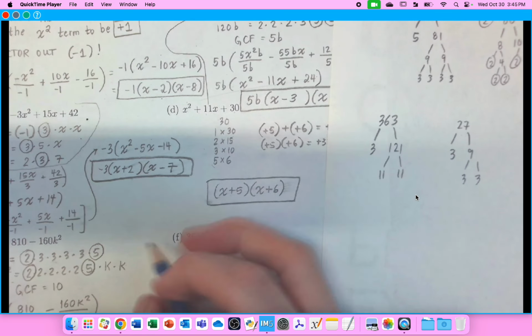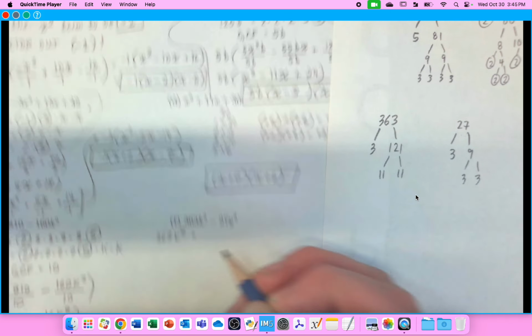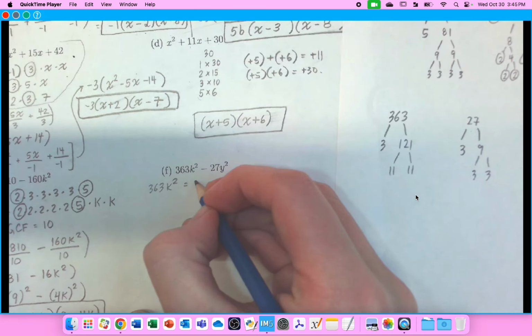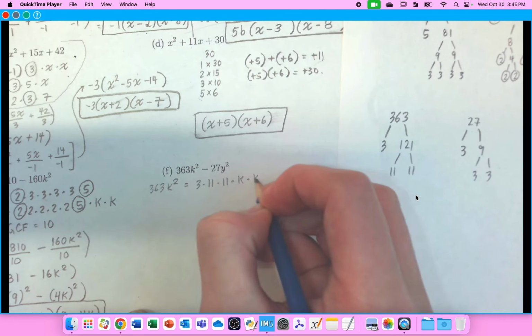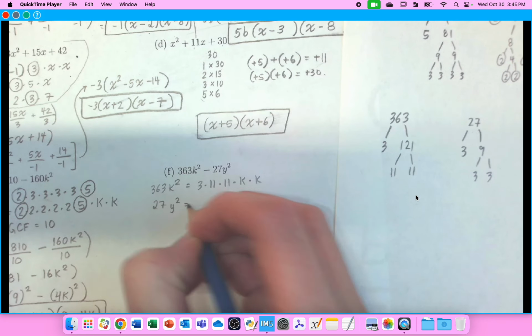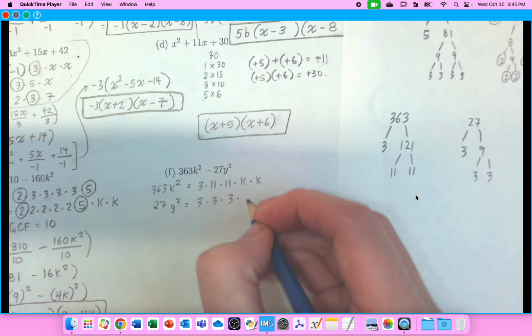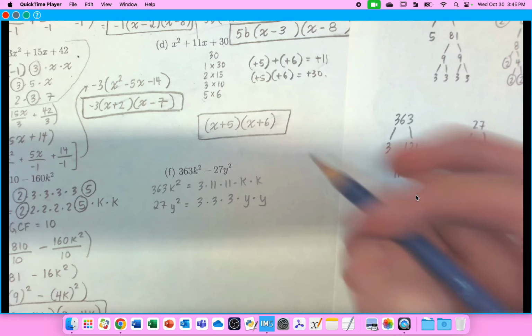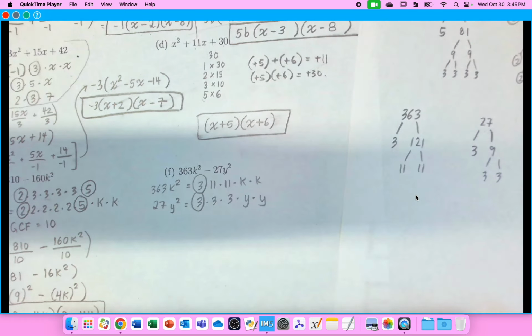Okay, so 363k squared equals 3 times 11 times 11 times k times k. 27y squared is 3 times 3 times 3 times y times y. The only thing that's common is the factor of 3.